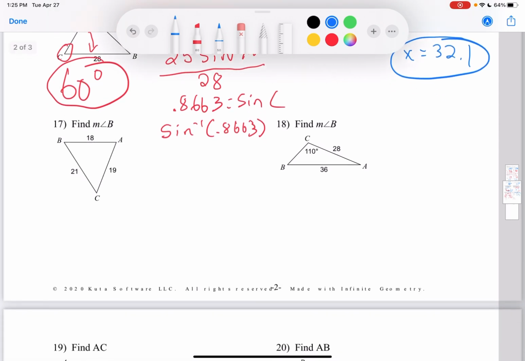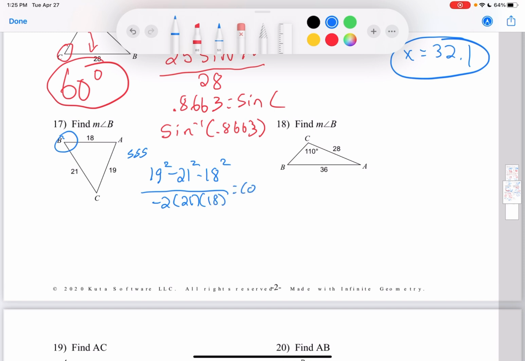Number 17, we've got side, side, side. So we have to find the angle in this case. We have to find angle B. So the formula that we used with side, side, side said the side opposite the angle we're trying to find squared minus the other two sides squared, all divided by -2 times those sides.